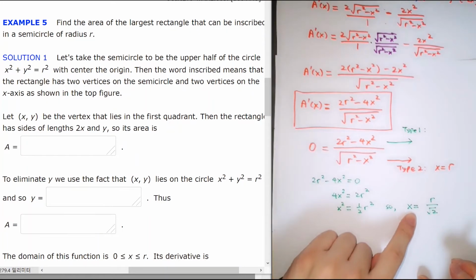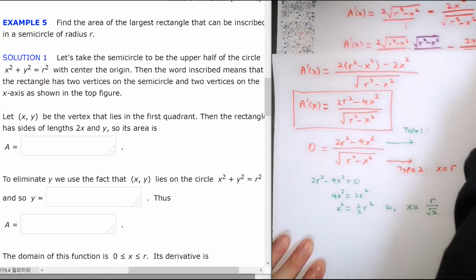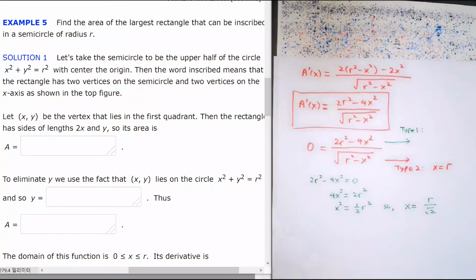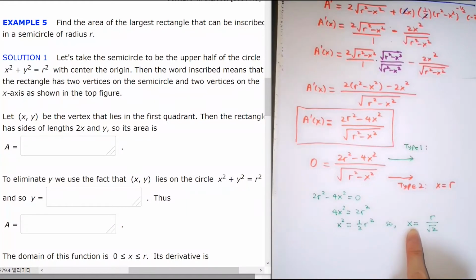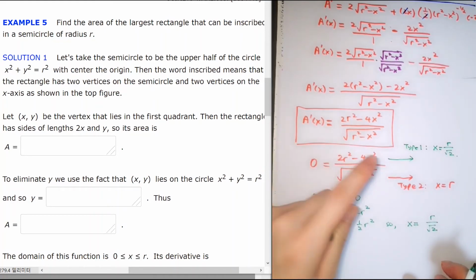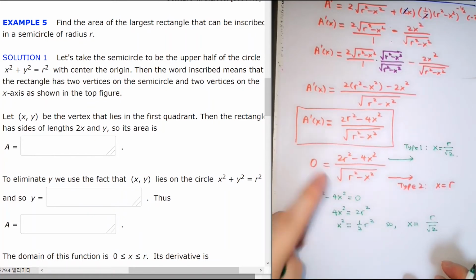I'm only going to consider the positive case of the x value because if you remember from our sketch, we're considering the positive x value right now. So that's why I'm going to consider x equal to r over square root of 2 as our type 1 critical number. Now, you have choices. You can use the number line to find out it's a local max, or you're welcome to jump right to the table of values.